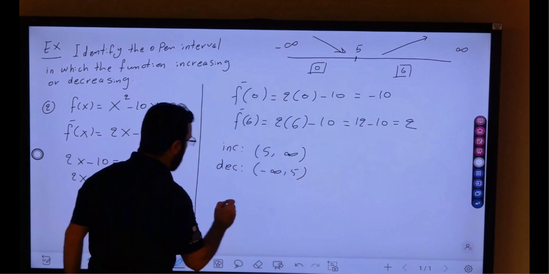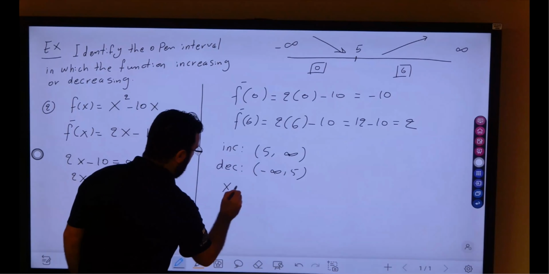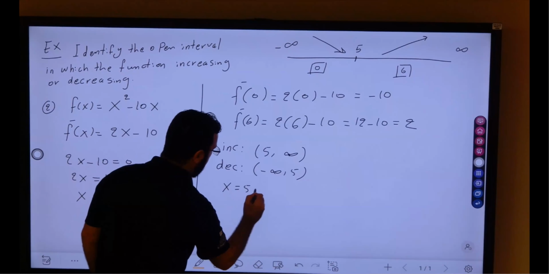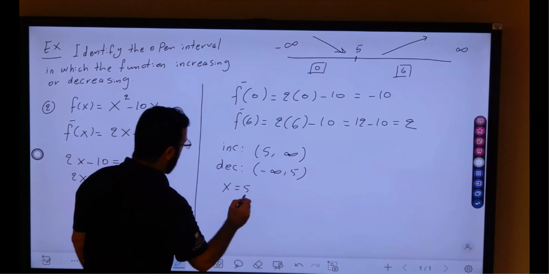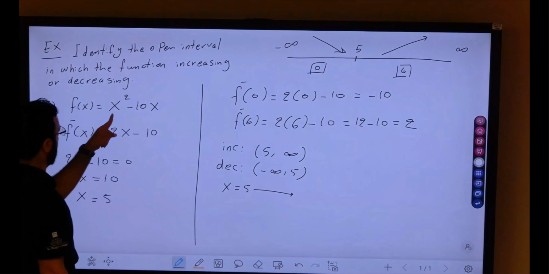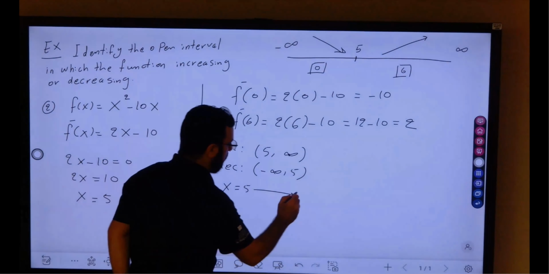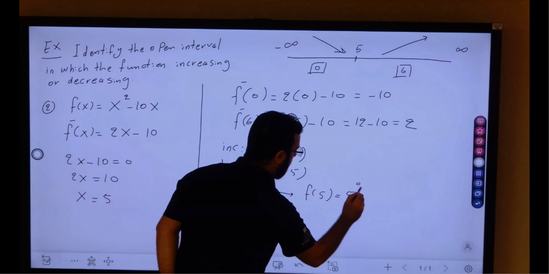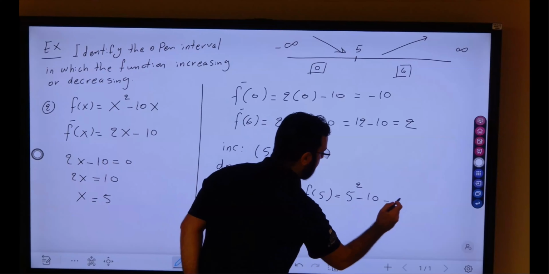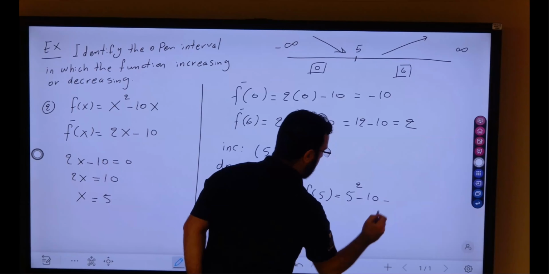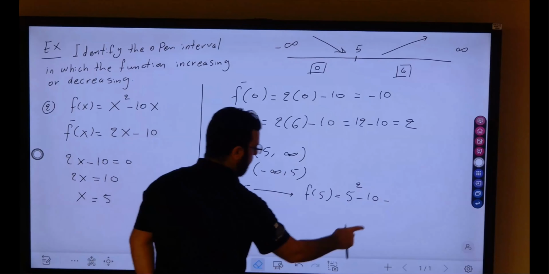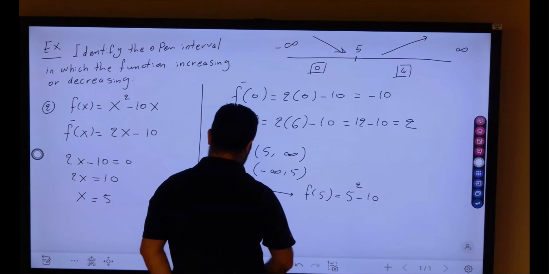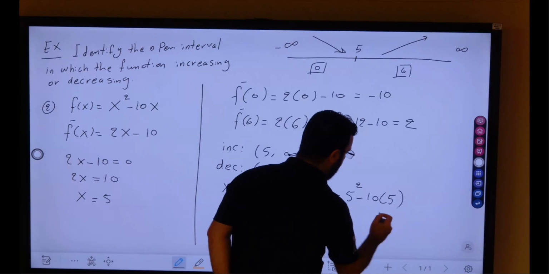To find the point, we're going to plug in x equals 5. Plug in 5 where? Here. So f of 5 is going to be 5 squared minus 10 times 5.